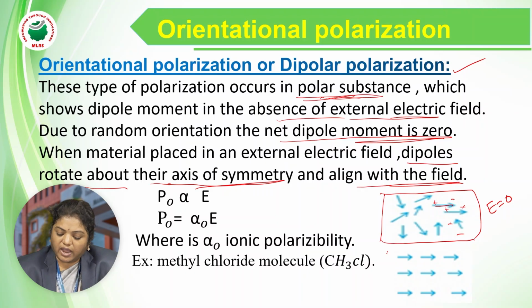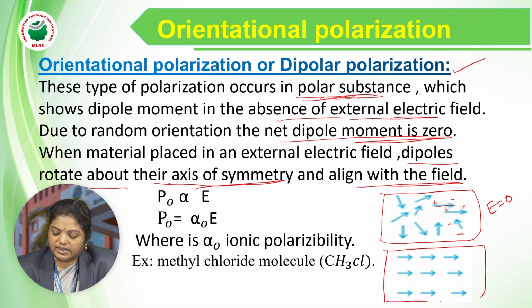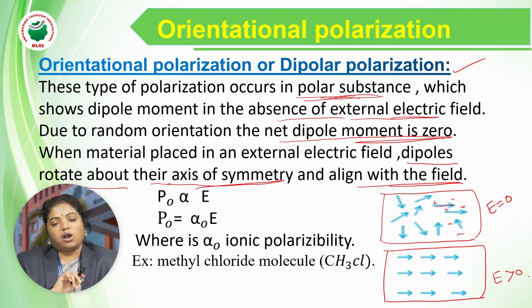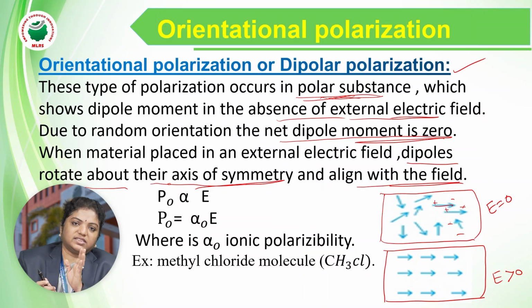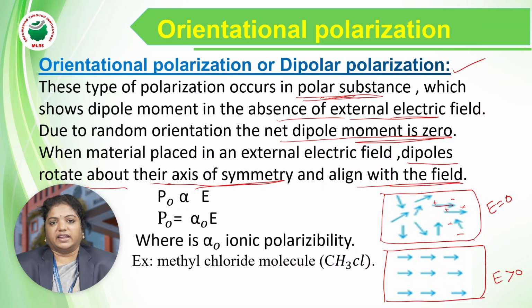Whenever we apply the electric field, all the dipoles are oriented along the field direction. That means all positive charges are along the field direction, and negative charges are opposite to the field direction.